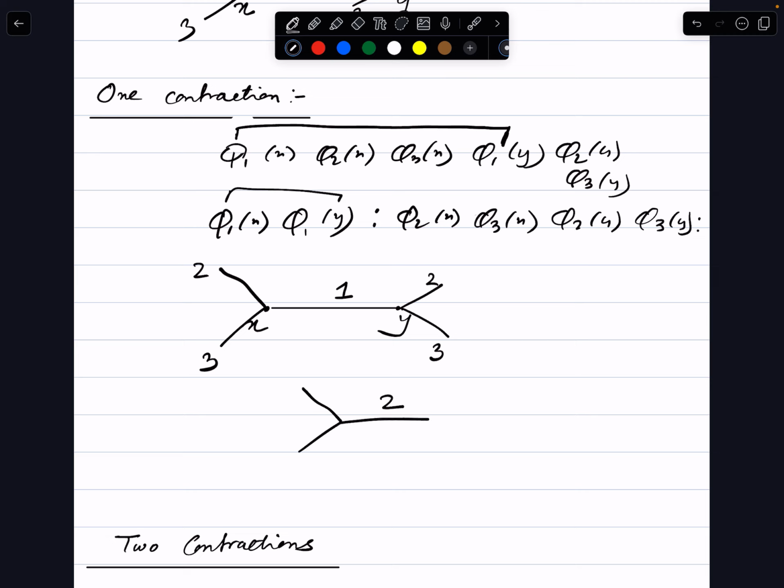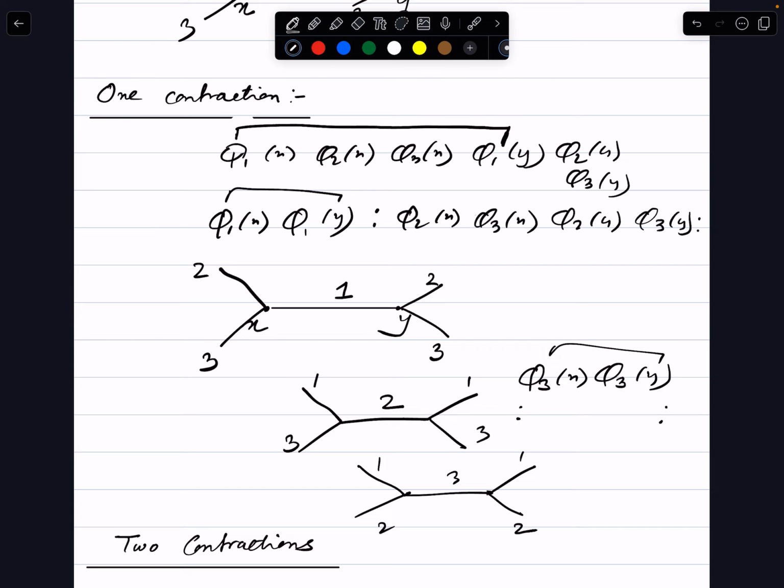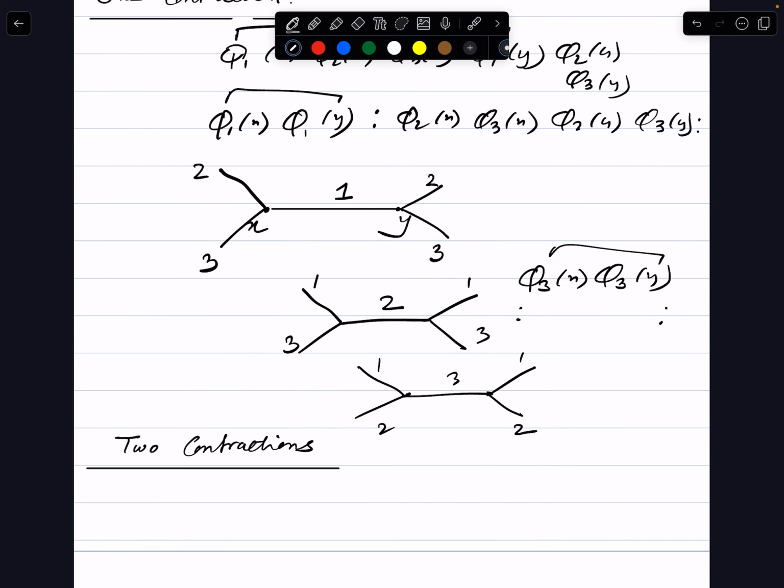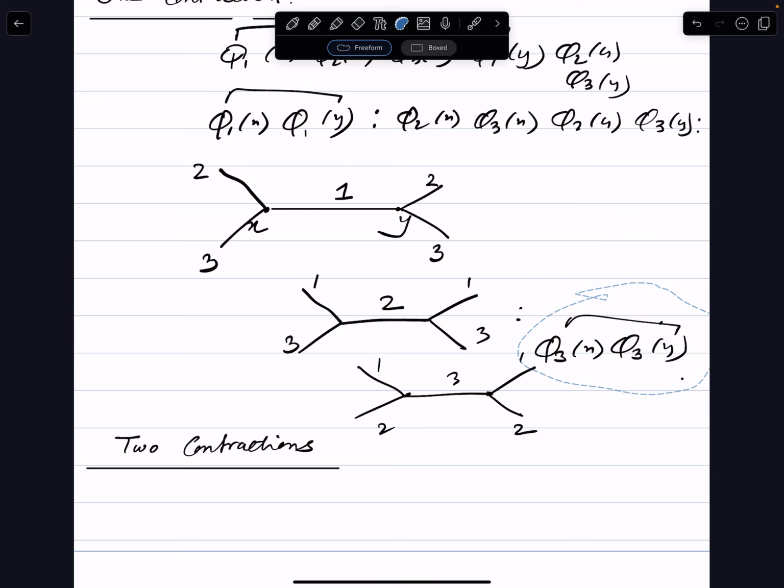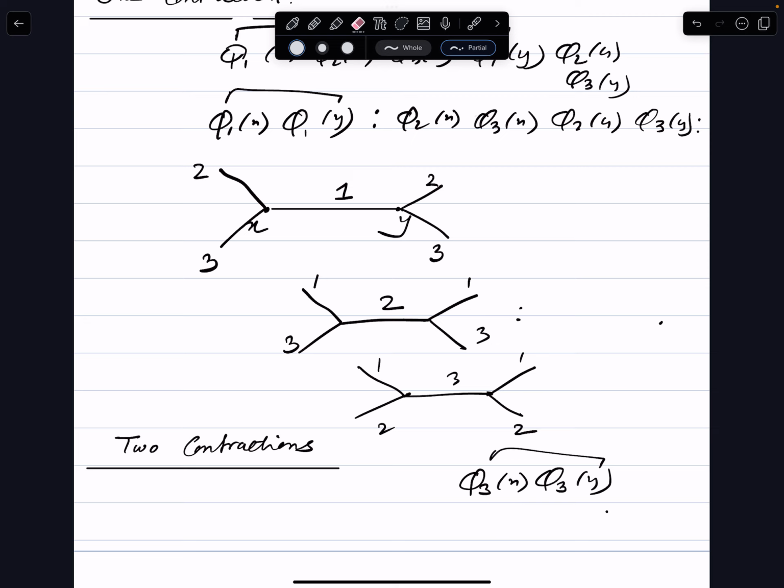The other two contractions will be these. These correspond to terms where I have phi 3x, phi 3y contracted and the rest of the terms in normal order. My bad, this is this guy. And this corresponds to phi 2x, phi 2y contracted, and the rest in normal order.